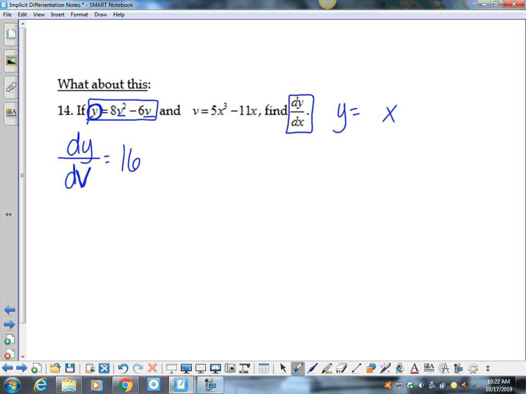I just take my derivative because I am with respect to v, and I have all v's. When I do this one, I'm taking the derivative of v with respect to x. So here is dv dx. So that would be 15x squared minus 11.